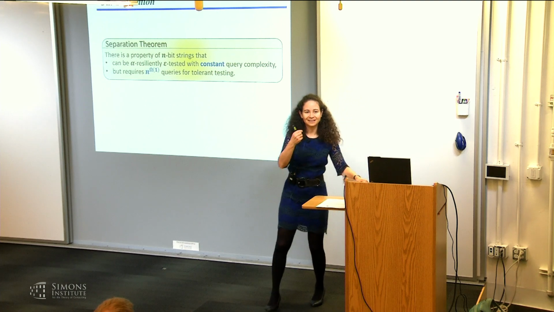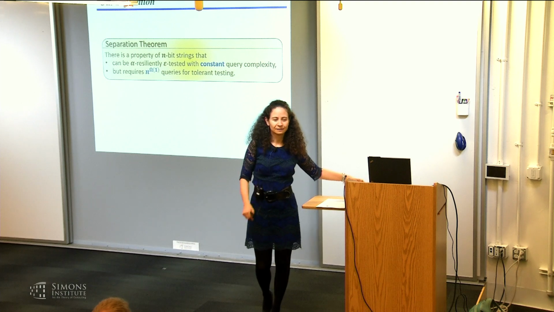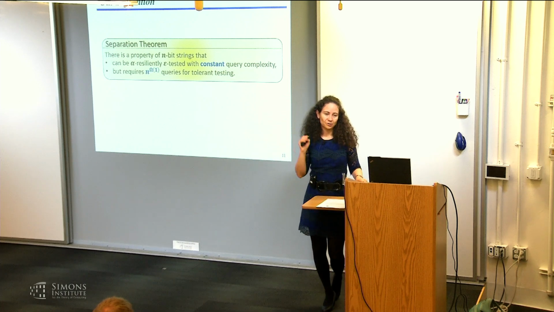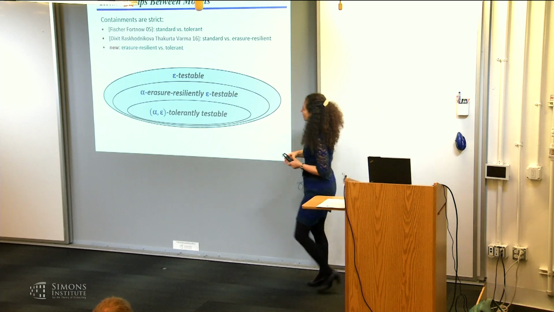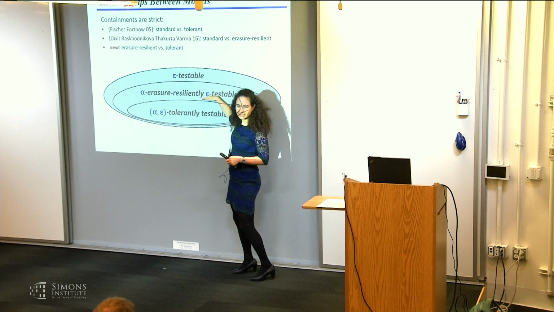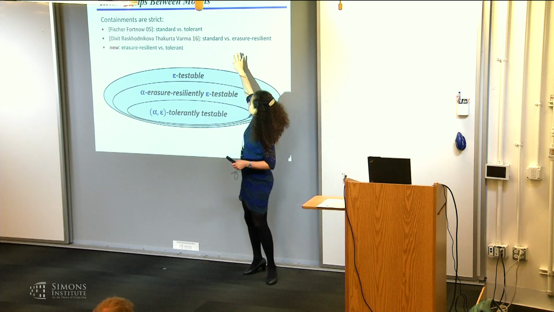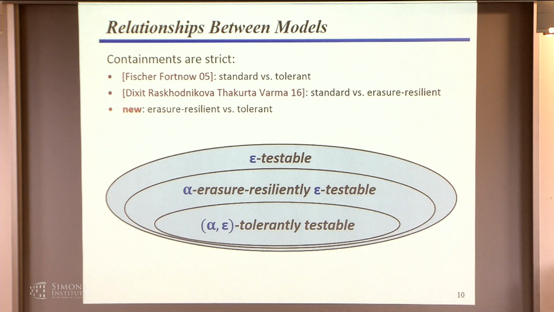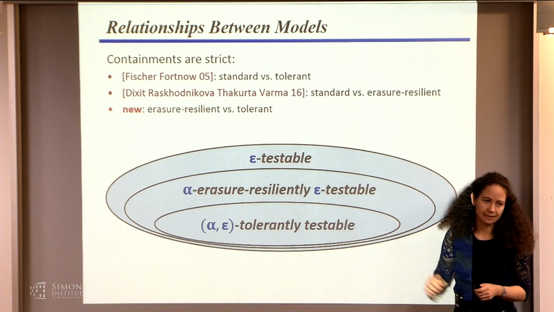The Fischer-Fortnow separating example was almost a separating example for testable versus erasure-resilient testing. It was just a small note in the paper that defined the erasure-resilient model, but we weren't sure how to separate this.